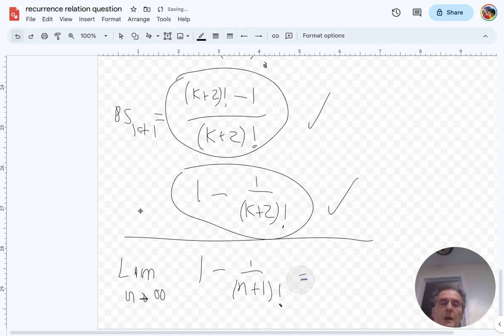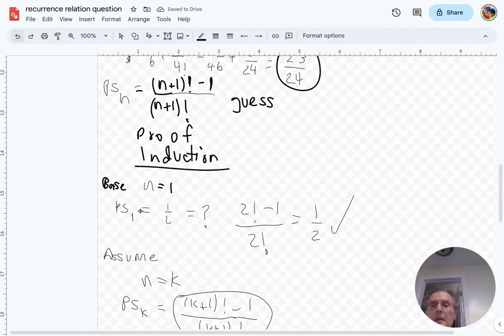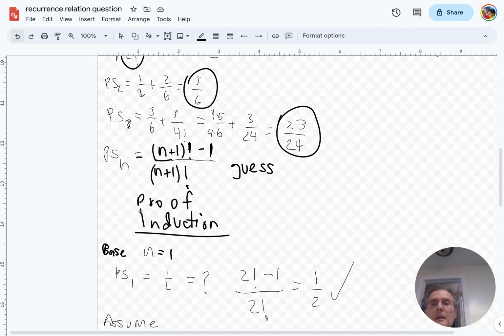What is 1 minus 1 over infinity, this is a question? That's 1. 1 over infinity is 0. So that proves our other point over here.